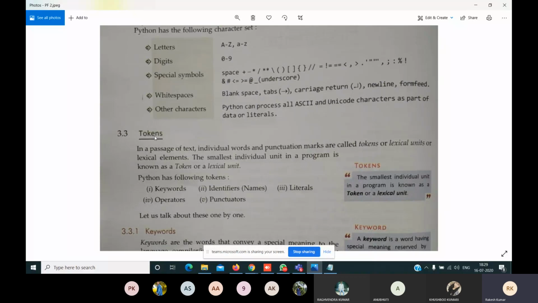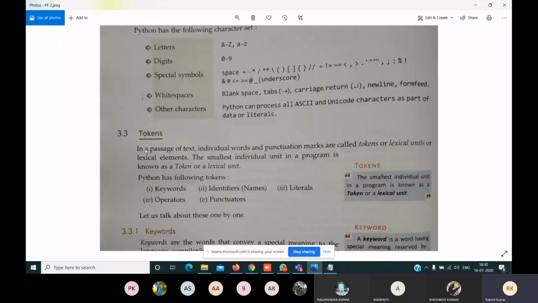Second, tokens. Tokens means the smallest individual unit. When you write a single dot in a program, that dot is known as a token.